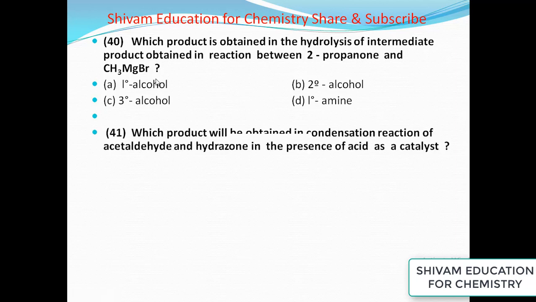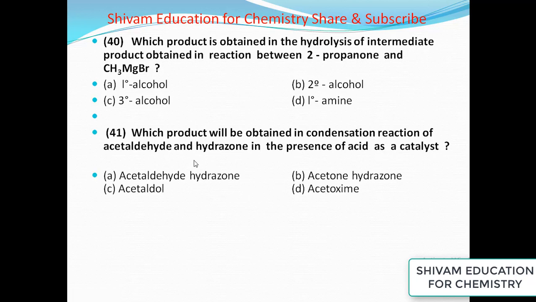Now question number 41. Which product will be obtained in condensation reaction of acetaldehyde and hydrazone in the presence of acid catalyst? We have studied that acetaldehyde on reaction with hydrazone, it gives acetaldehyde hydrazone.